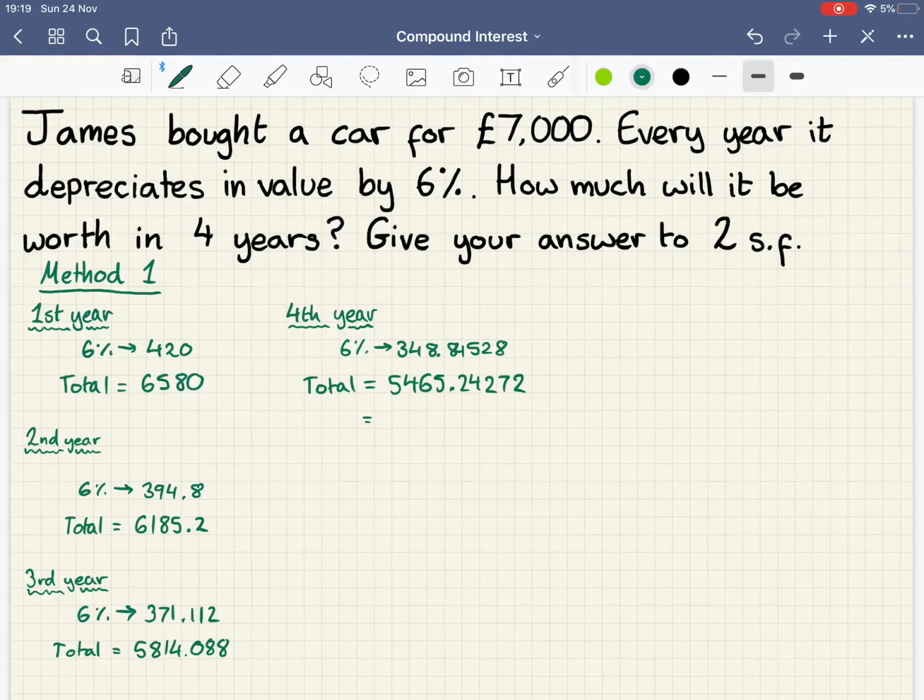And for our rounding, again, I read through the question, make sure I've done what it wants me to do, and then I see this 2 significant figures. And so I look at my number, that's my first, that's my second, that's my third. Because that is a 6, it's going to round up, pushing that 4 to a 5. So my final answer is going to be £5,500.